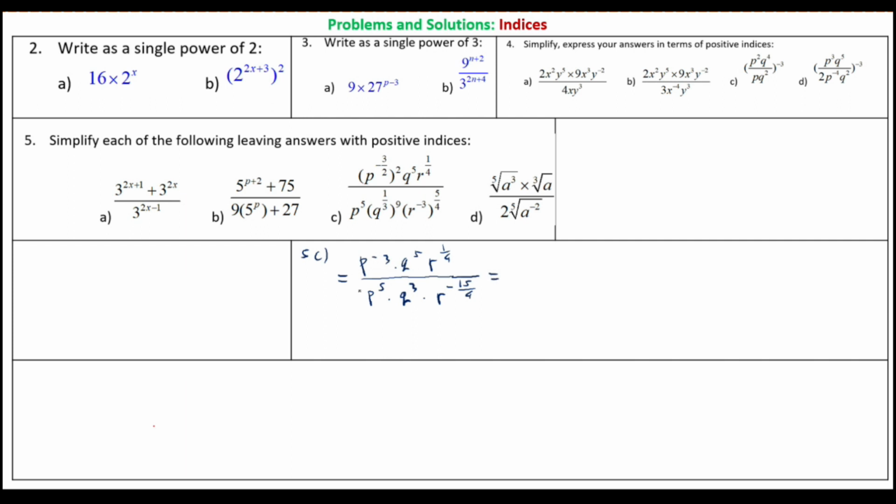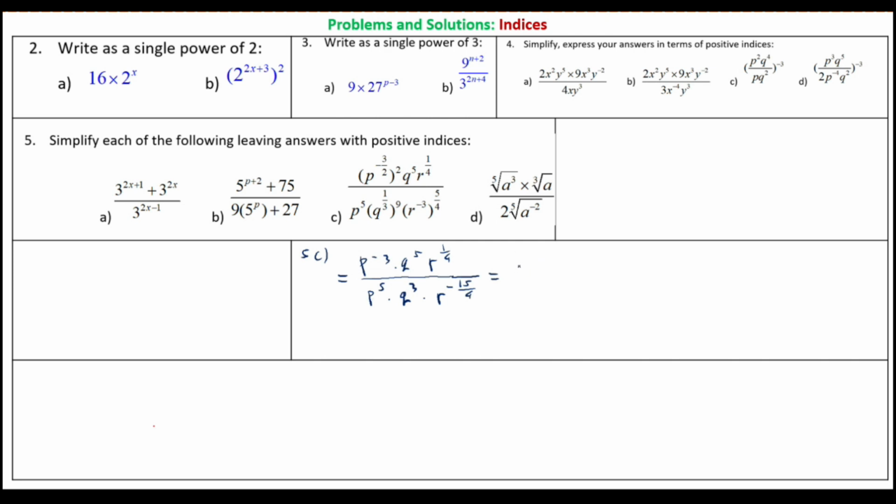So we have three bases here, p, q, and r. So we can divide the numbers with the same base. P to the power of minus 3 divided by 3, p to the power of 5.